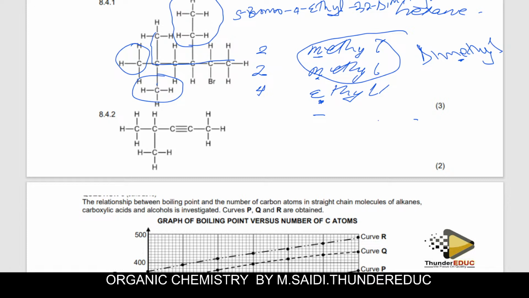It's 1, 2, 3, 4, 5. So the longest chain is 5. So it's going to be pent. But if it is pent, but it has these 3, so it is alkyne.